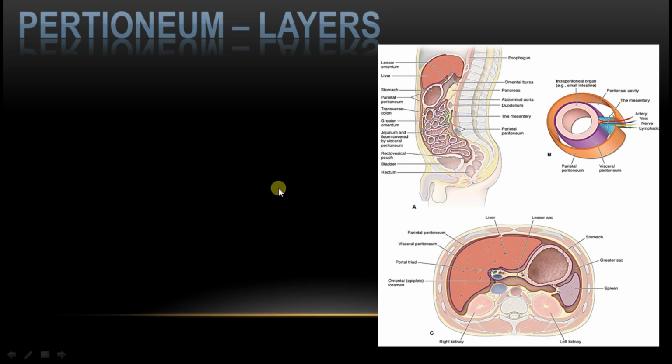So the peritoneum is double layered, the parietal layer and the visceral layer. Here you are able to see this space after complete development will be occupied by the viscera, and you don't see such a large space. It is just reduced to a thin potential space.